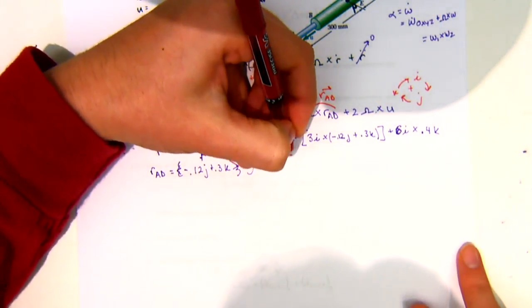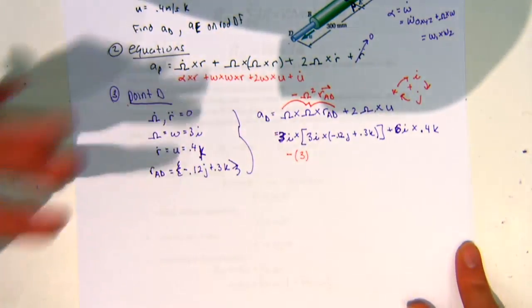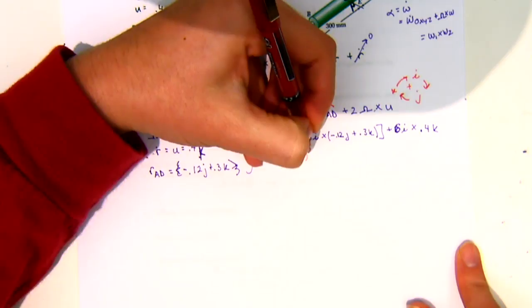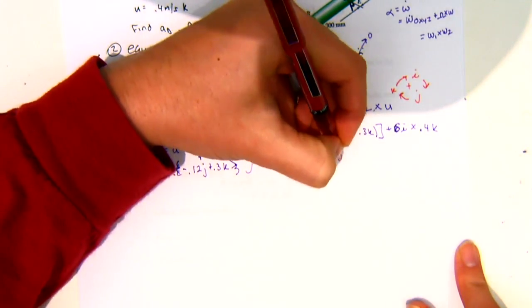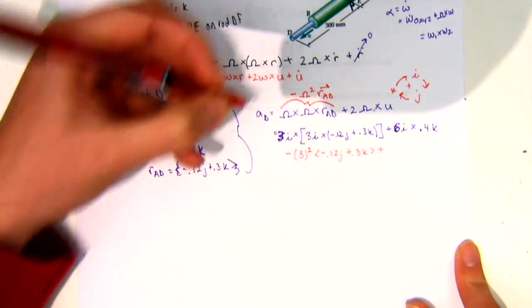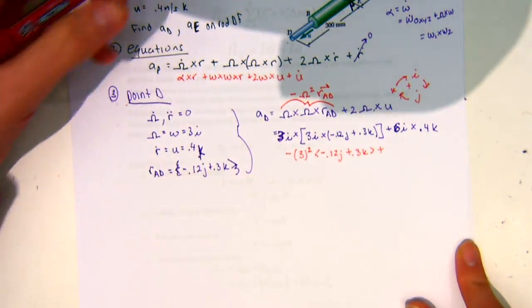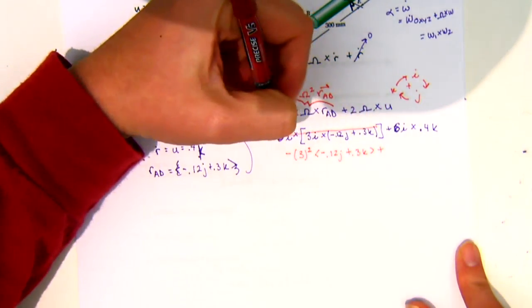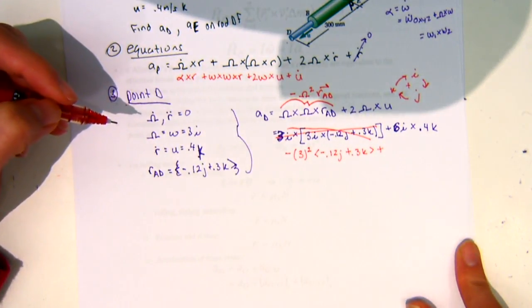So I can say negative 3, and this is just plugging in the magnitude of it. So negative 3 squared times the vector, which is negative 0.12J plus 0.3K. And then I have this other cross product. So I just have to do one cross product that way. Do you guys see that that's a bit easier? Sorry for switching it up in the middle of the problem.